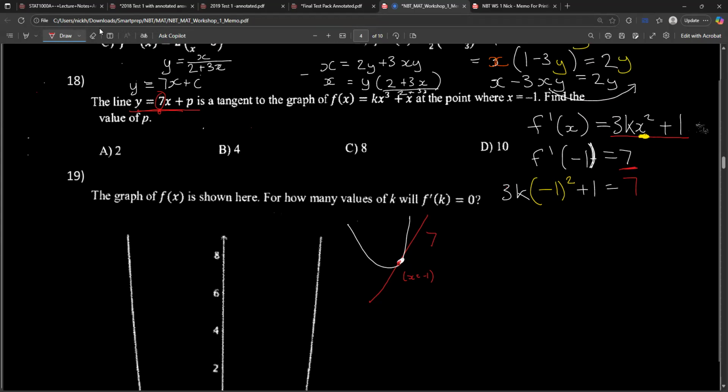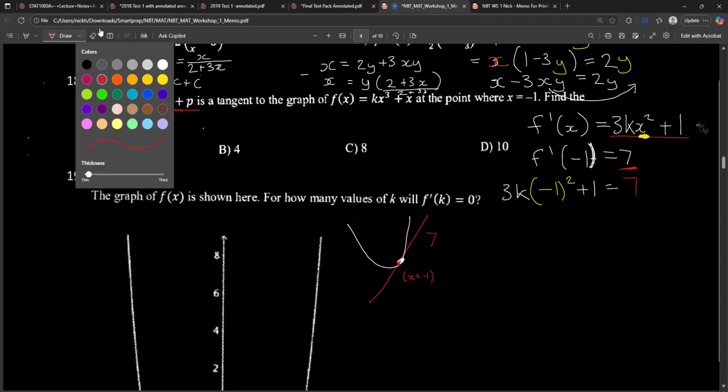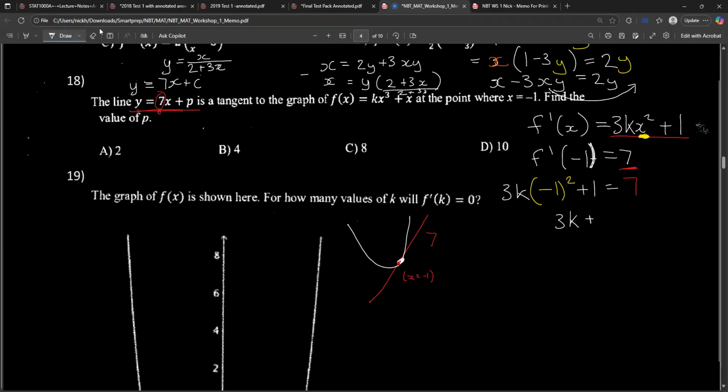And now we can figure out what k is. Negative 1 squared is just 1. So it's 3k plus 1 equals 7. 3k equals 7 minus 1, which is 6. So 3k is equal to 6. Divide both sides by 3, and we get k is equal to 2.